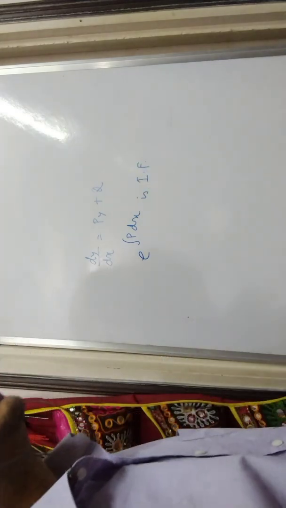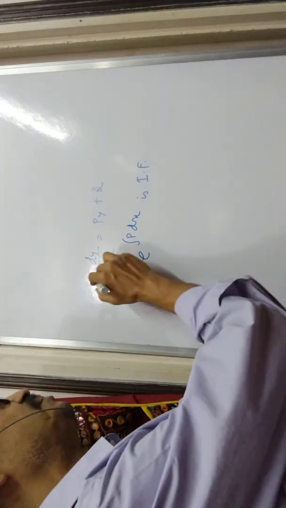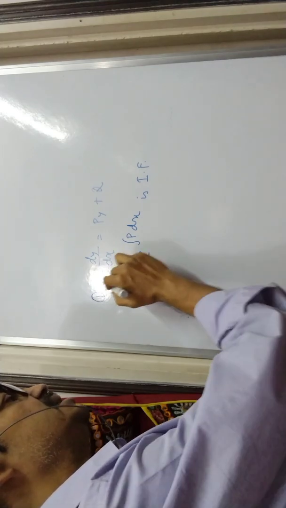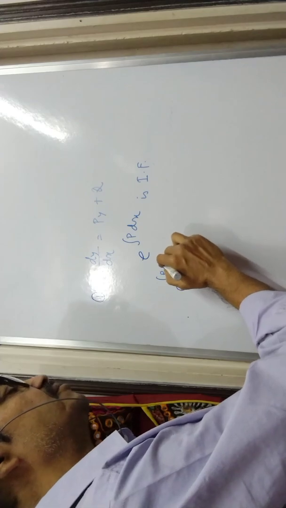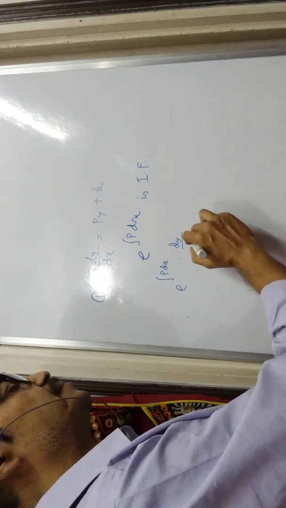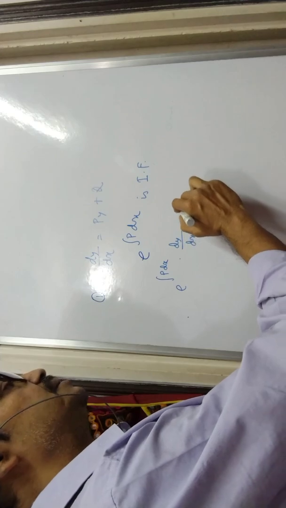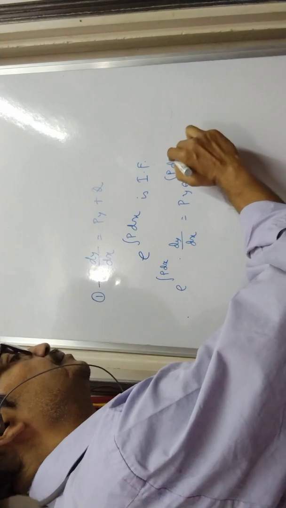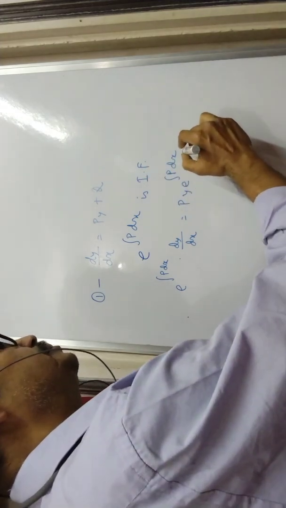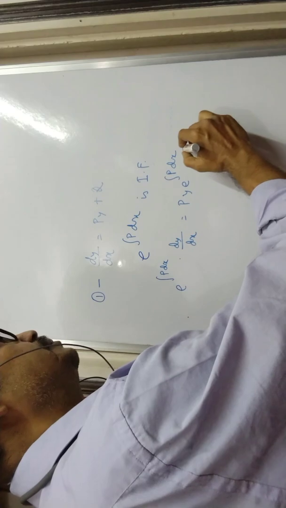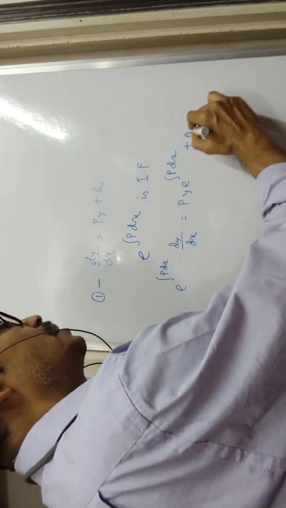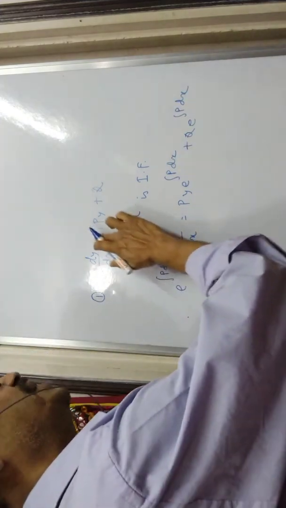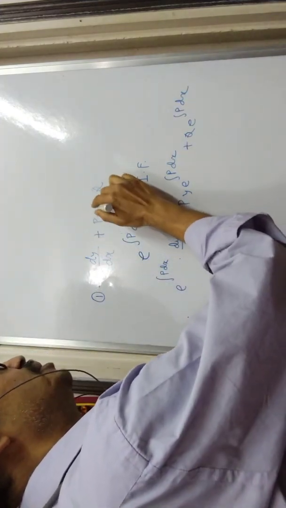Now what does it mean? It means that when we multiply this equation with this factor, it becomes integrable. Actually, we would prefer to have it in this form.